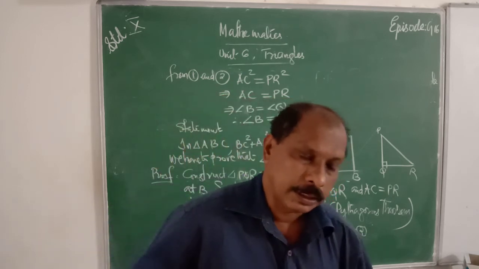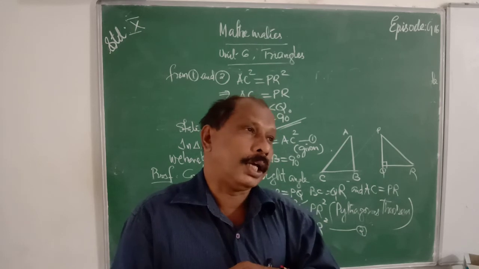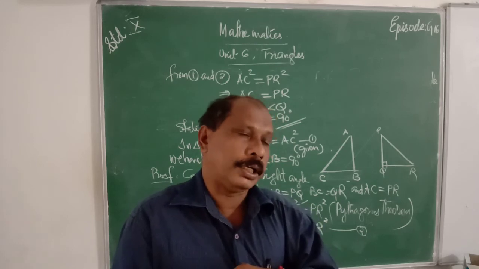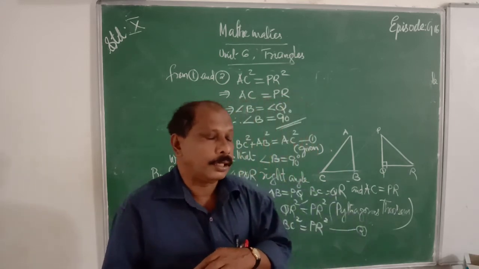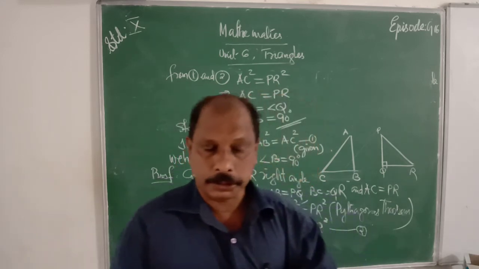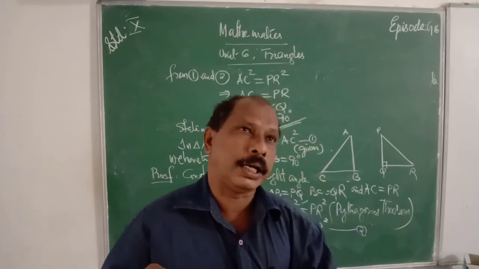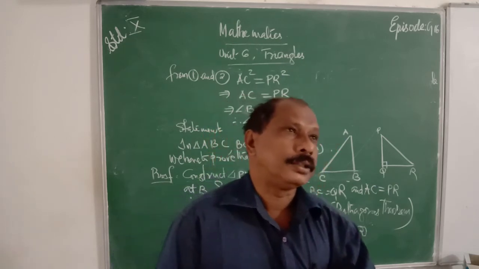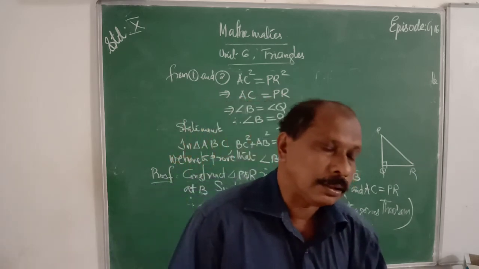Therefore, the ratio of area of triangle ADE to area of triangle BDE is equal to AD by BD, that is equation number 1. Similarly, area of triangle ADE by area of triangle CDE is equal to AE by EC.